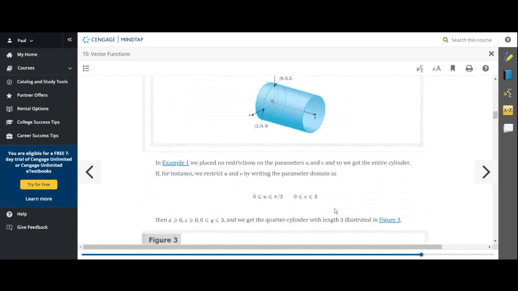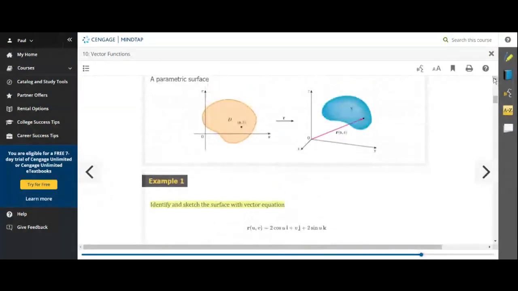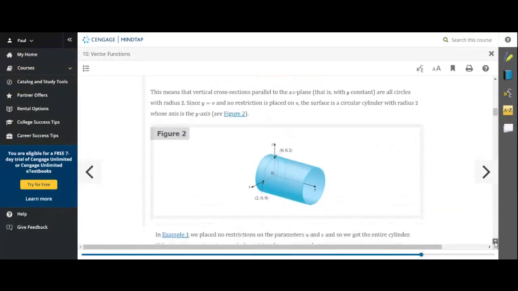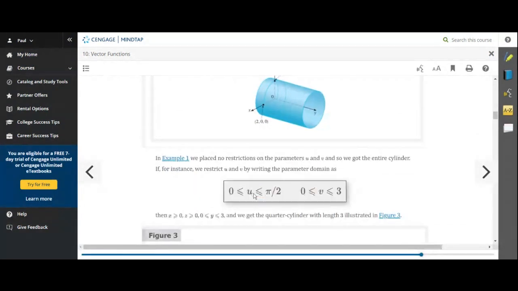They also note here that in this example, there are no restrictions on u and v. But you could put restrictions on u and v. You could say, let u be between 0 and pi over 2, and let v be between 0 and 3.